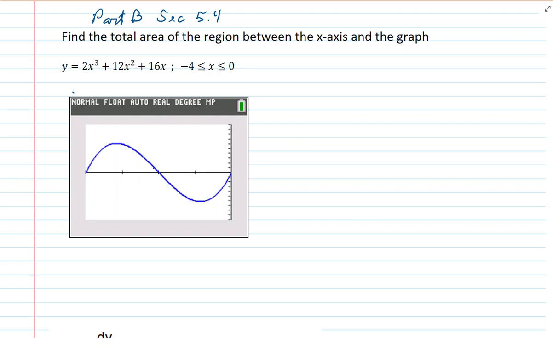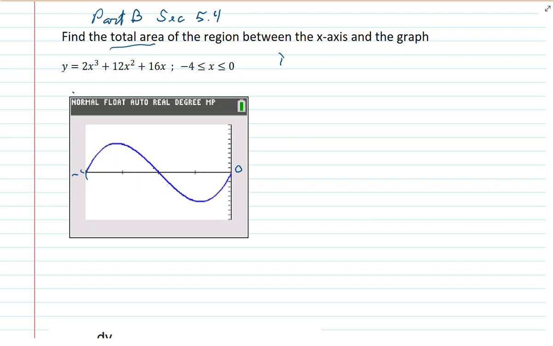We're going to find the total area of the region between the x-axis and the graph of this cubic from -4 to 0. It's a very pretty graph, isn't it?